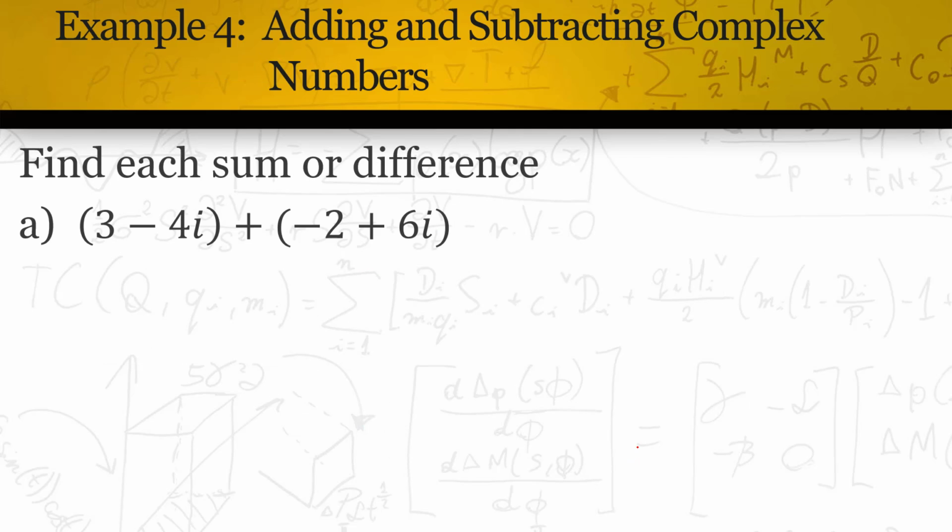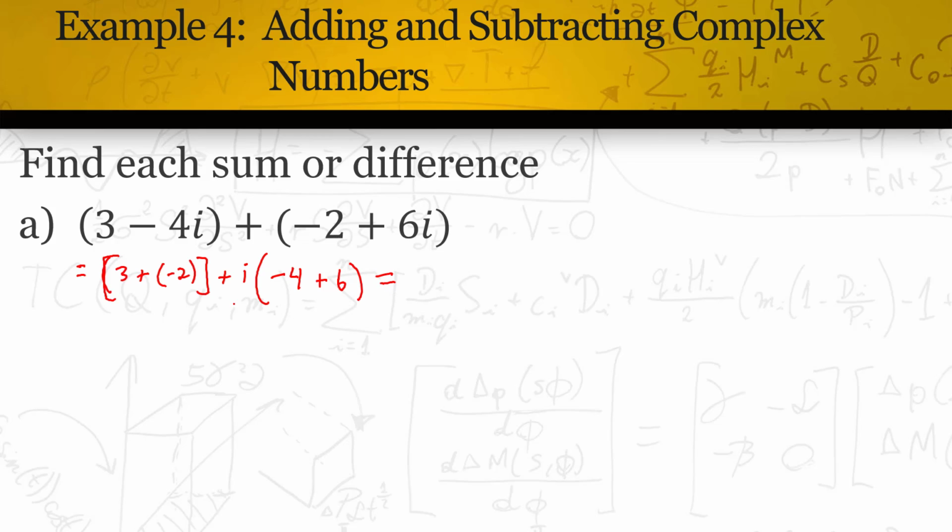Here's our first one. We want to find the sum of 3 minus 4i plus negative 2 plus 6i, and we want to express the answer in standard form. Okay, once again, we're going to add the real parts. That's going to be (3 plus negative 2), plus i times, and now we're going to add the imaginary parts, which will be (negative 4 plus 6).